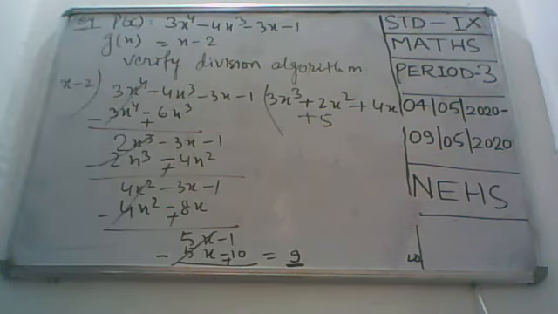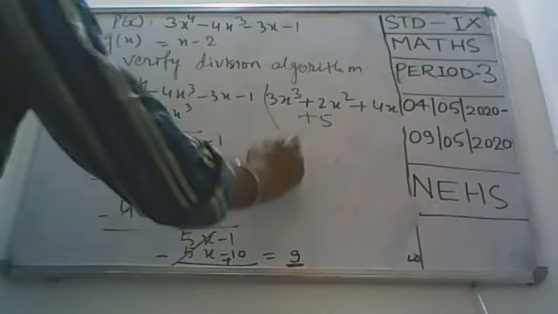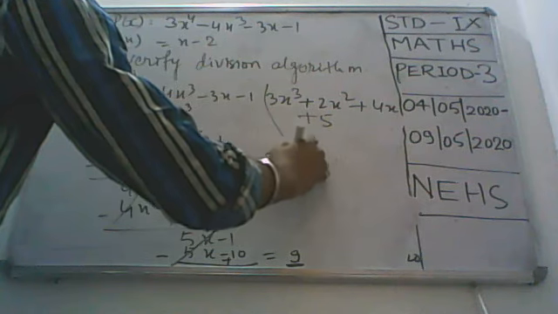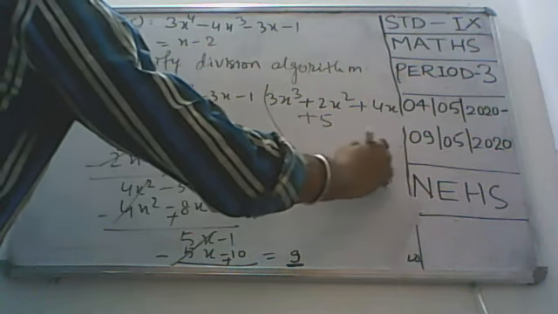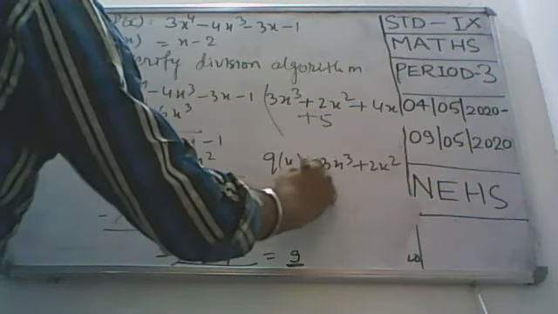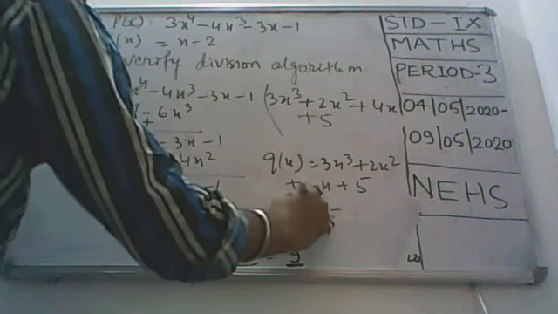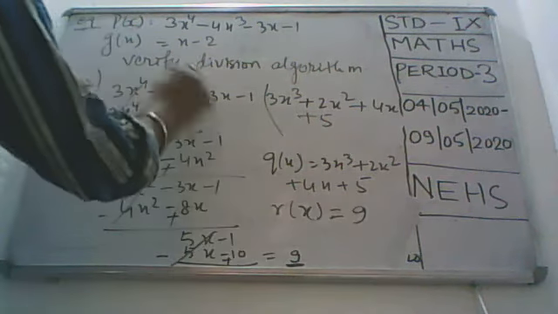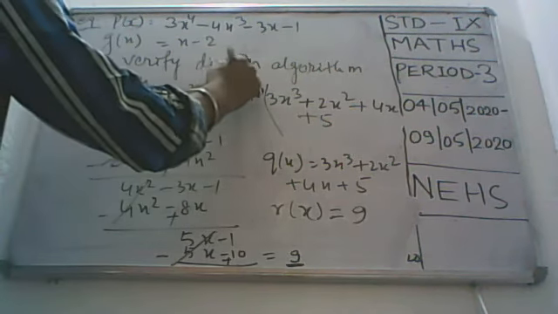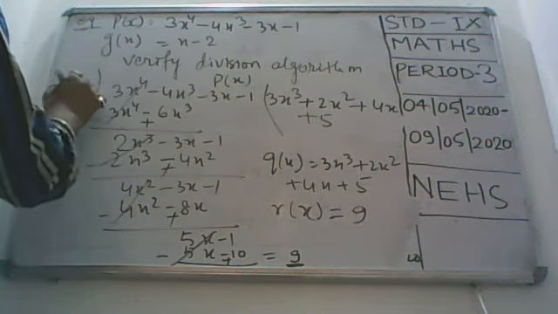So what we get is Qx equal to 3x cube plus 2x square plus 4x plus 5, and Rx is equal to 9. This is my Px and this is my Gx.